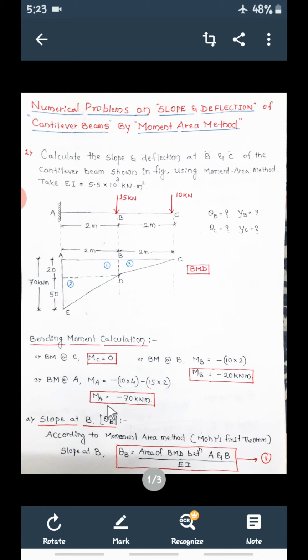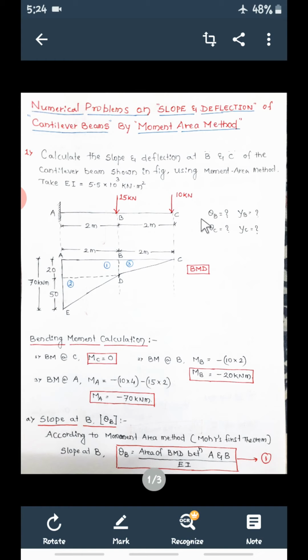So the total bending moment at A, MA, is equal to minus 70 kilonewton meter. So bending moment at C is 0, at B minus 20, and at A minus 70 kilonewton meter. Draw these ordinates in the form of a bending moment diagram.